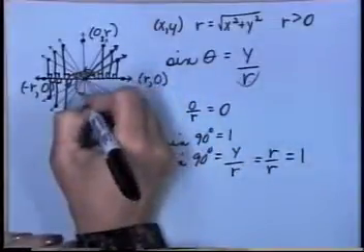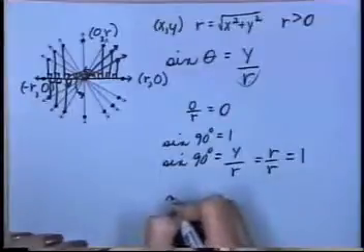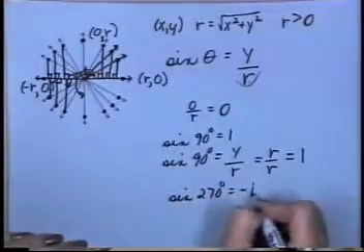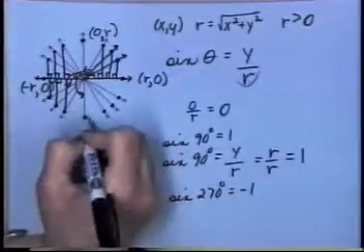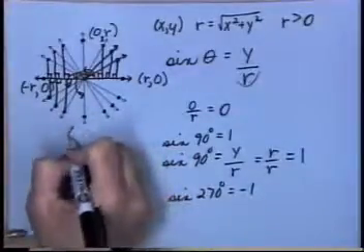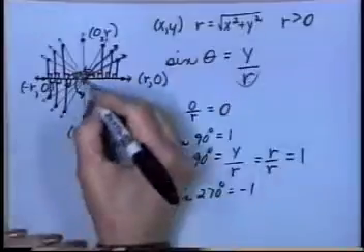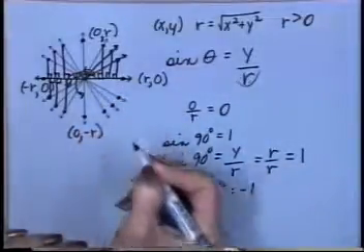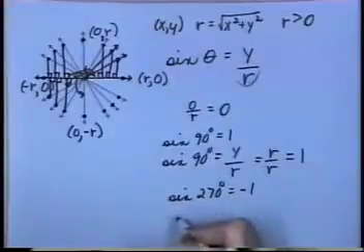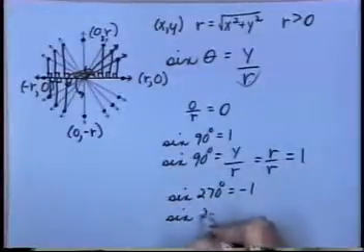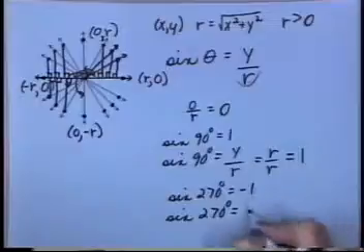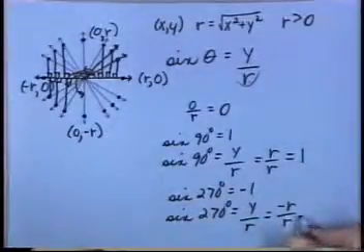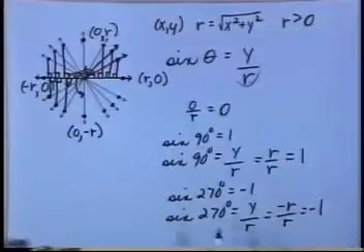Now, of course, we know what happens at 270, don't we? We know that the sine of 270 equals negative 1, and that's because for this point, we know x is 0. This is my r distance, so my y equals negative r. So when I find the sine of 270, y divided by r would be negative r divided by r, which is negative 1.